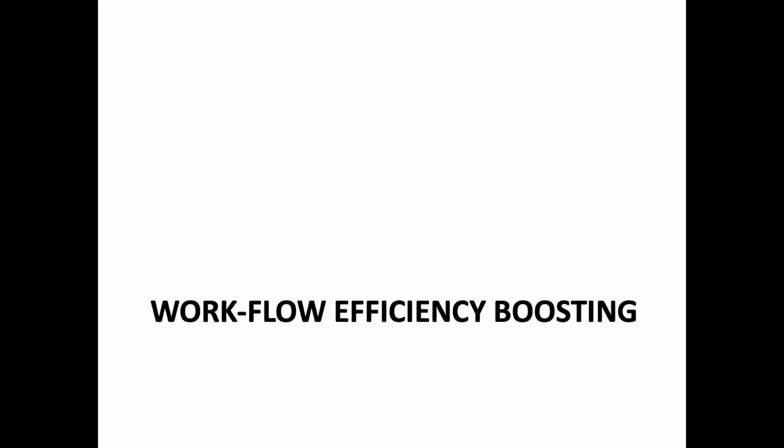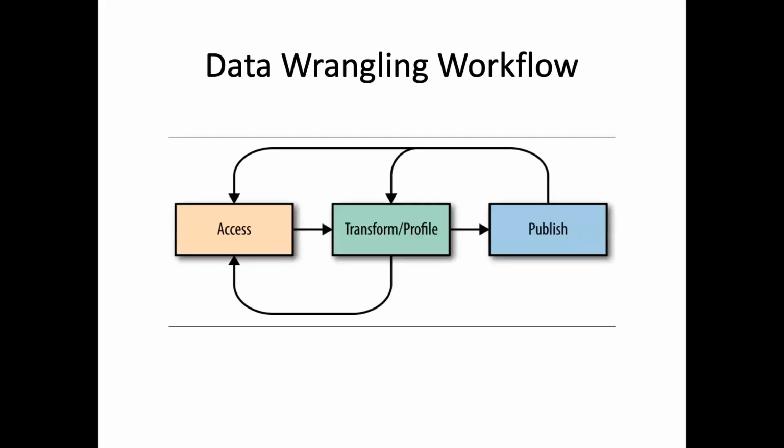So how are we going to start saving time with our data wrangling? Let me flash this back up here again so we can reconnect with this idea that most folks think of data wrangling as what's going on in the transformation and profiling stage, where we're cleaning up and changing values, and that very much is the case for data wrangling.